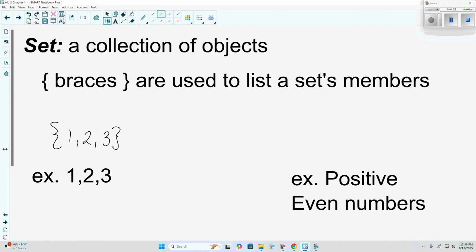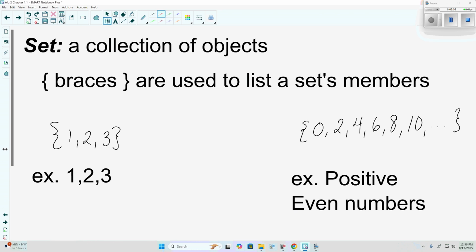The other example that we have is positive even numbers. Well, the smallest positive even number is 0. And then we have 2, 4, 6, 8, 10. Realistically, there's no way for us to list every possible positive even number because there's way too many of them.